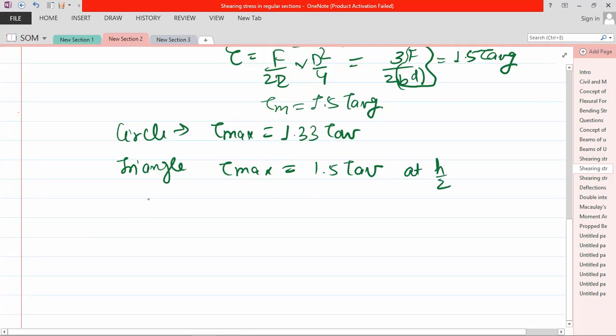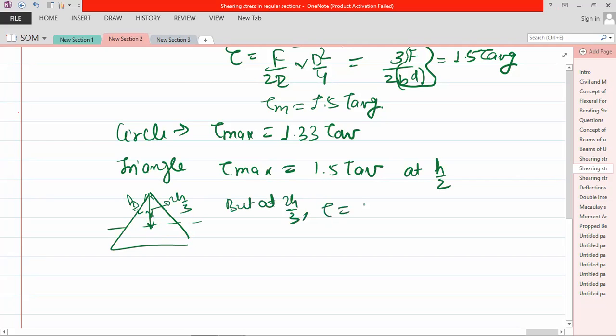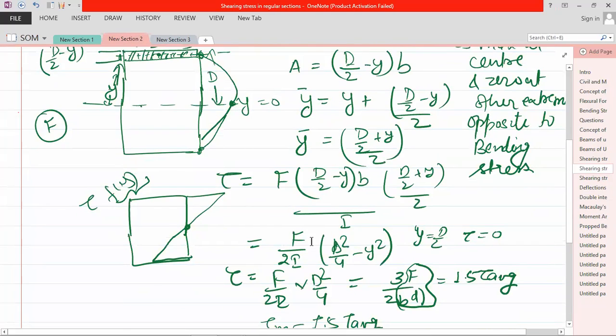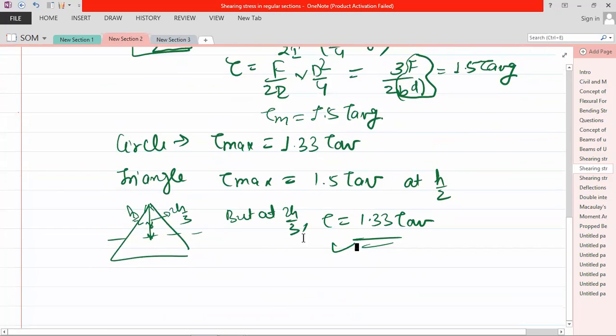For a triangle, this is your median. This is h by 2, this is h by 3, 2h by 3, this is 2h by 3, and this is h by 2. But at 2h by 3, tau is equal to 1.33 tau average. So please remember this relation and this formula directly. Otherwise, they will ask directly from these relations only. This is for symmetrical sections.